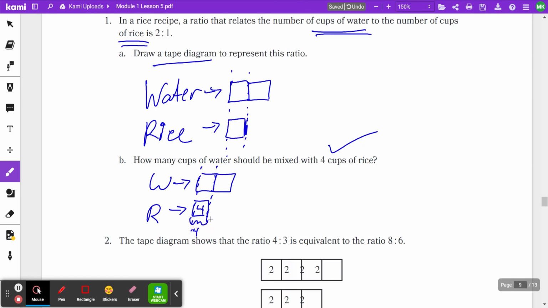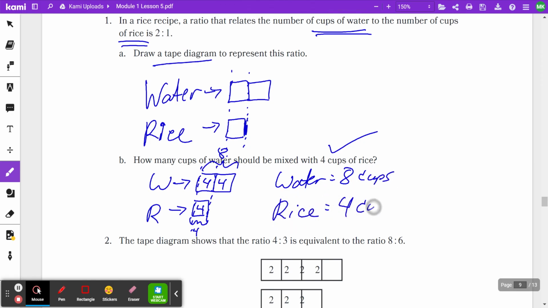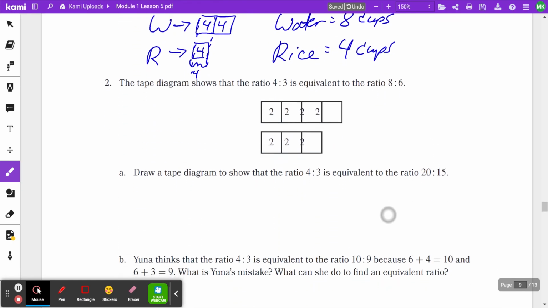Well, if that one is 4, these are 4 also. Add them up, and you get 8. So 8 cups of water. So water equals 8 cups, and the rice equals the 4 cups because that's what they gave us. Those are equivalent. So a 2 to 1 ratio is equivalent to an 8 to 4 ratio.